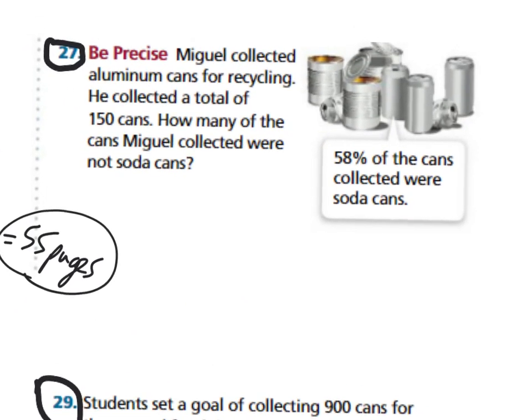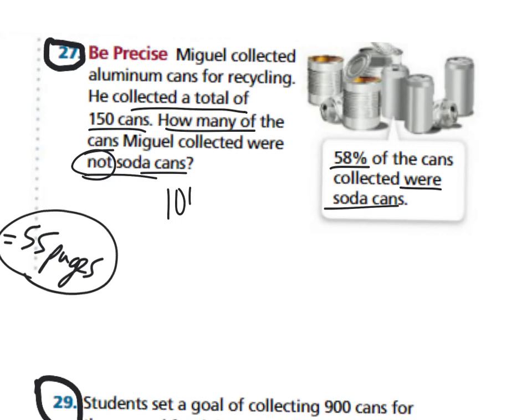Number 27, Miguel collected aluminum cans. He collected a total of 150 cans. How many of the cans were not soda cans? So here we are again, 58% were soda cans, so I'm going to first figure out, if you subtract that, would be 42% that are not soda cans.